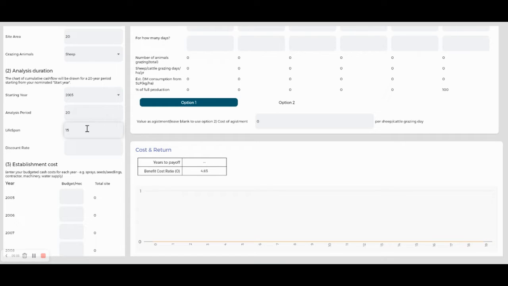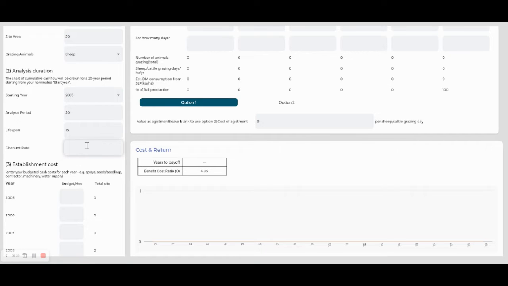So you need to consider that for your site. The more extreme the site, the more often it may need to be re-established. And a site that is less saline may need to be re-established less often.